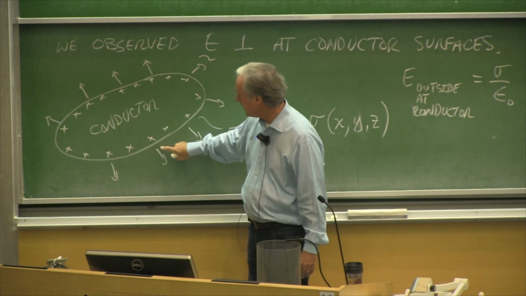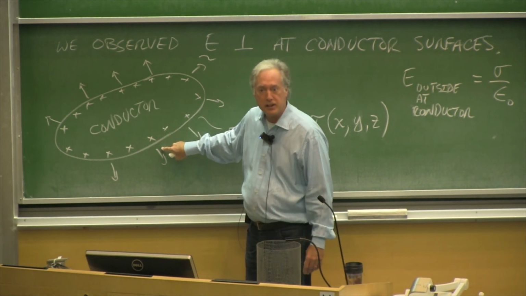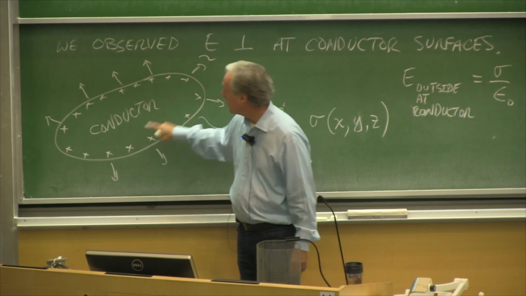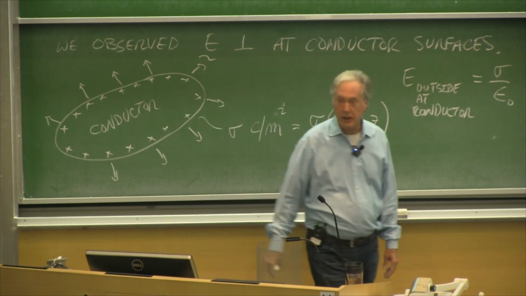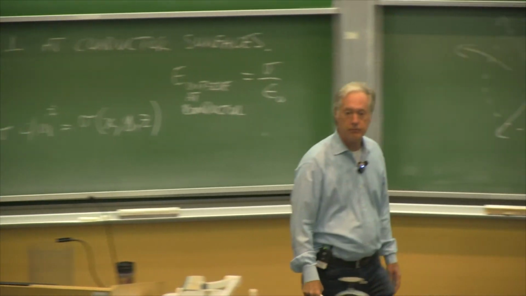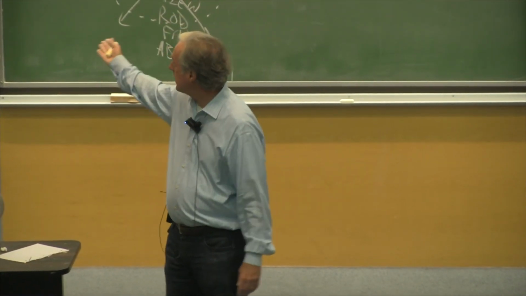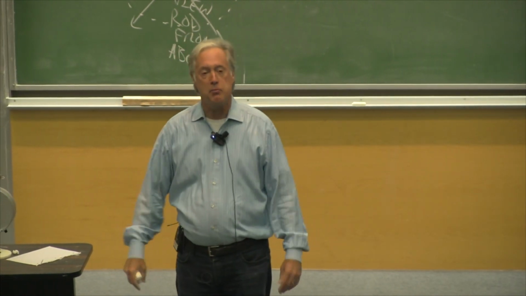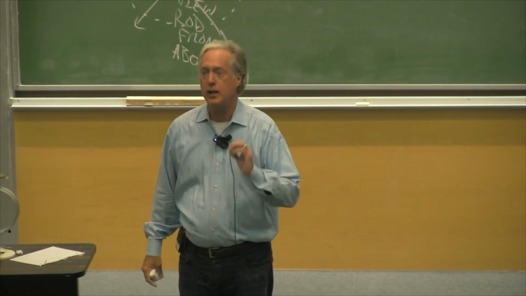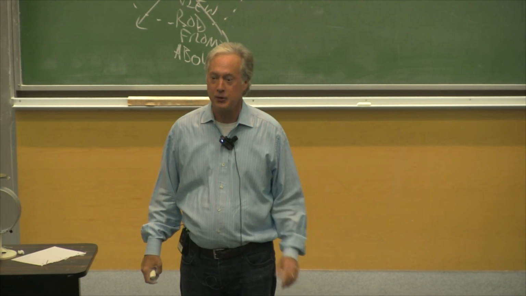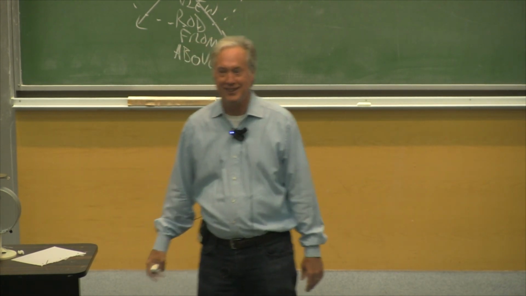So this charge makes a sigma over 2 epsilon naught contribution right here at the surface, and all of the rest of the charges make precisely the same. That makes it sigma over epsilon naught, and because I find that exciting, you know I have lost my mind. So we got both questions answered. Okay?